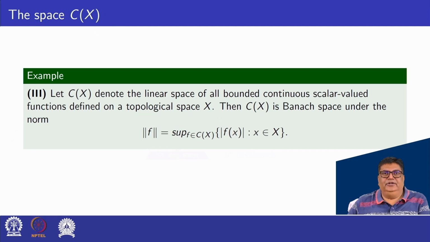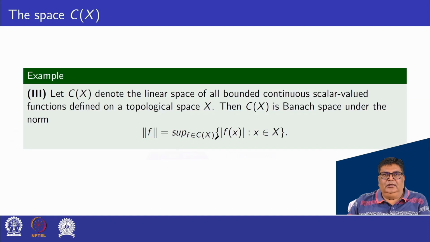Let C(X) denote the linear space of all bounded continuous scalar valued functions defined on a topological space X. Then C(X) is a Banach space under the norm ‖f‖ = sup{|f(x)| : x ∈ X}. Okay, so we can prove this easily as in the above example.